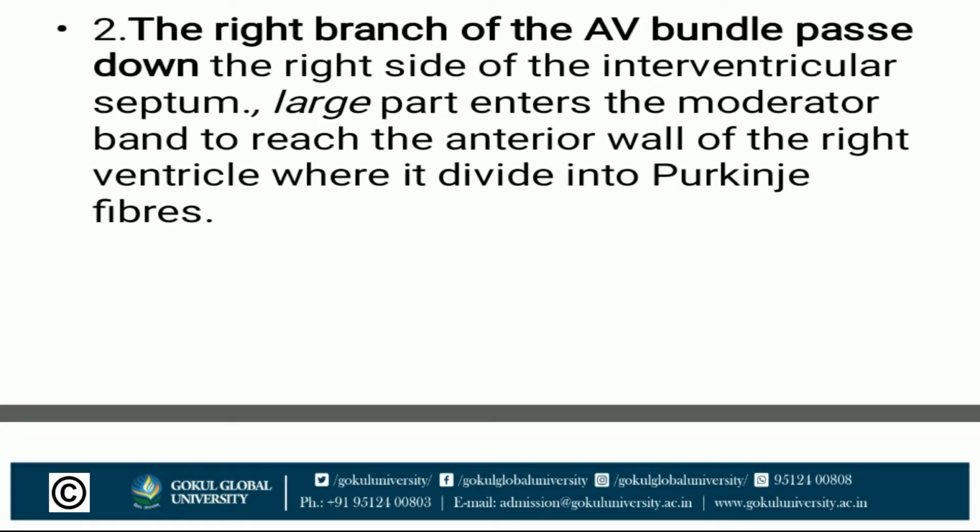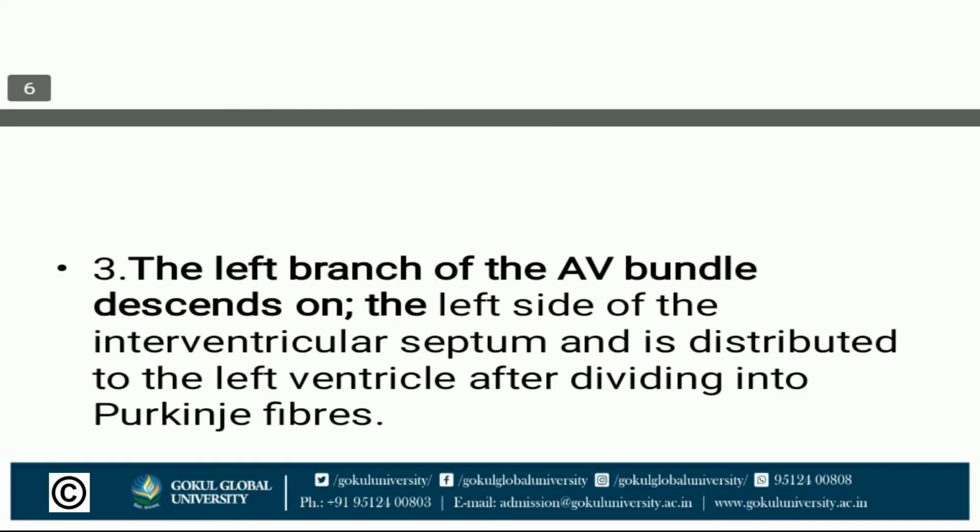The right branch of the AV bundle passes down the right side of the interventricular septum. A large part enters the moderator band to reach the anterior wall of the right ventricle, where it divides into Purkinje fibers.